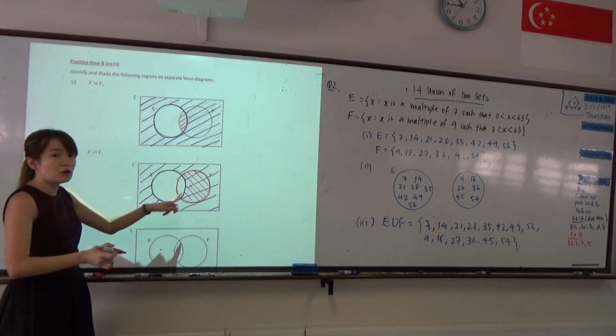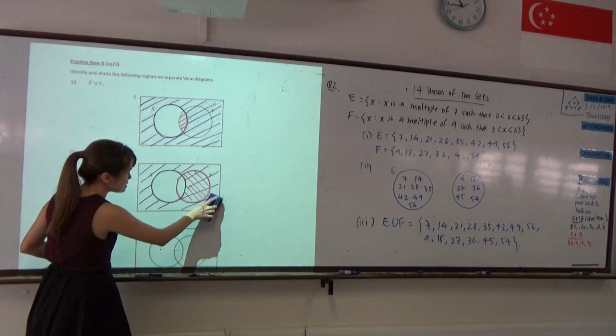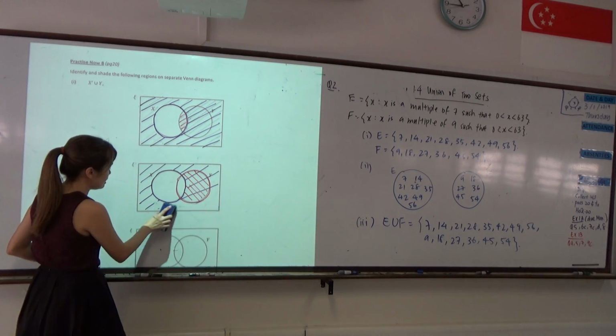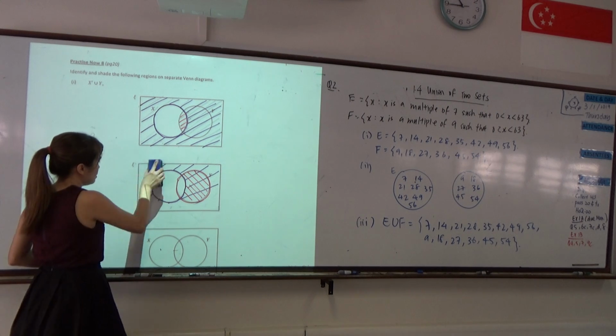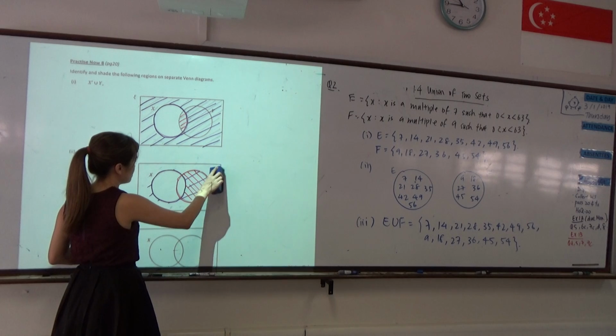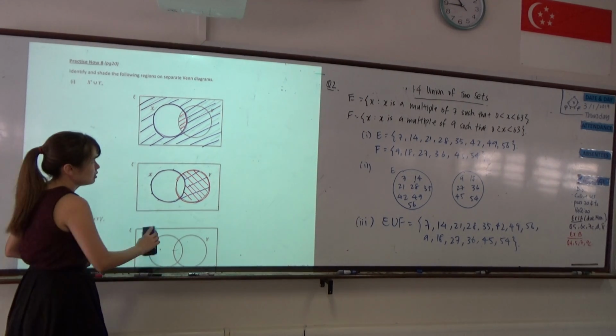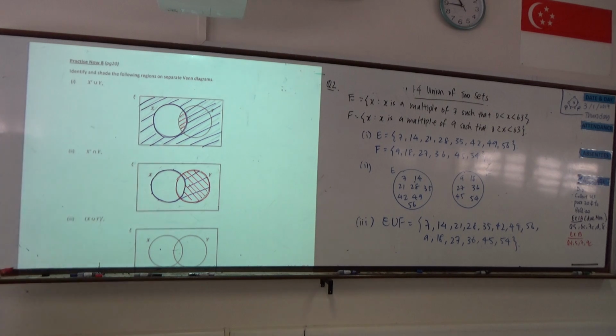We're looking at the overlap, so therefore the shading that you have to present in the end, you erase everything else outside that is not part of the intersection. So the eventual shading is just that part there.